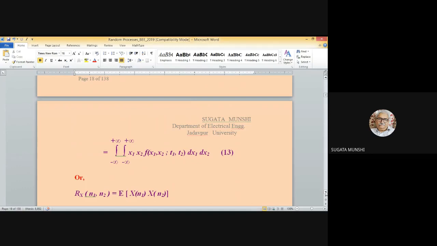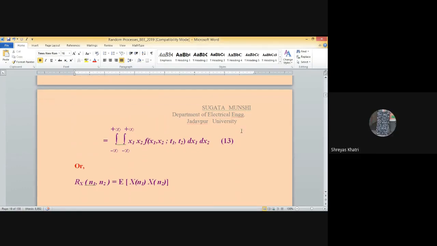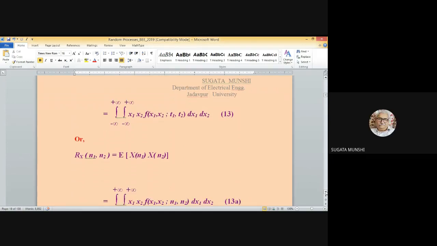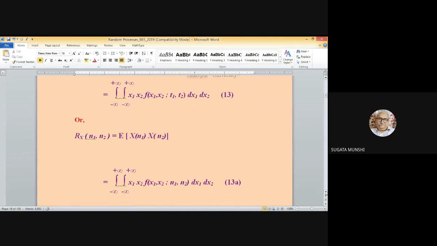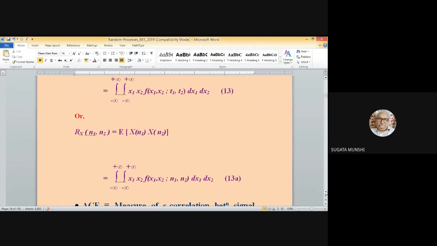হয়েছিল তো লেখা? Yes, sir. Okay. So Rx(T1, T2), that is the expression given by equation 13, and if it is a discrete time random process, it will be represented as Rx(N1, N2), and that will be given by 13A.